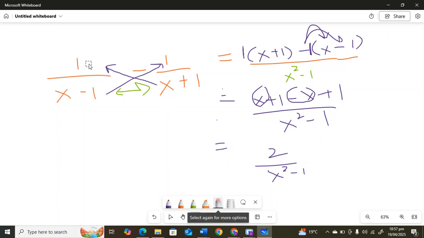This 1 times x plus 1, then this negative 1 times x minus 1. Then you expand.